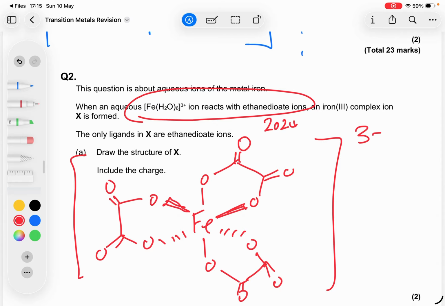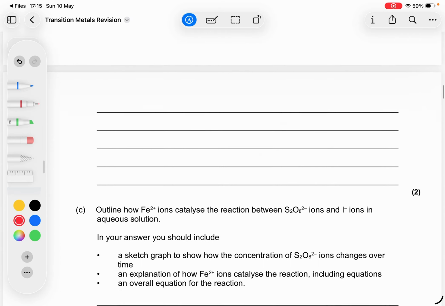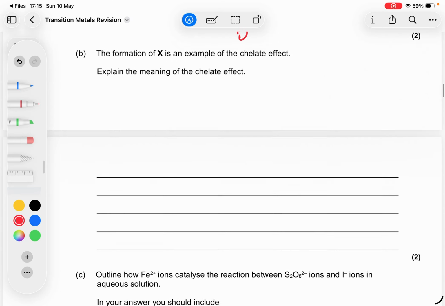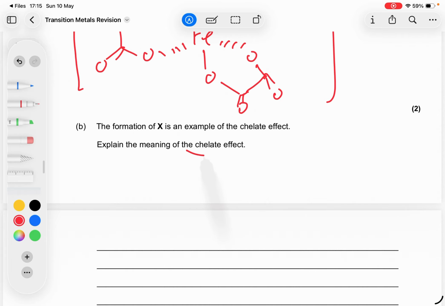Okay, now I want to focus on this 6 marker in front of you. All right, chelate effect, again, learn the definition.